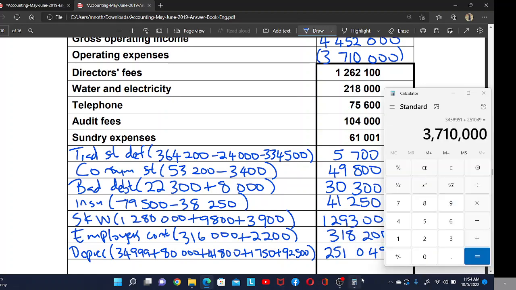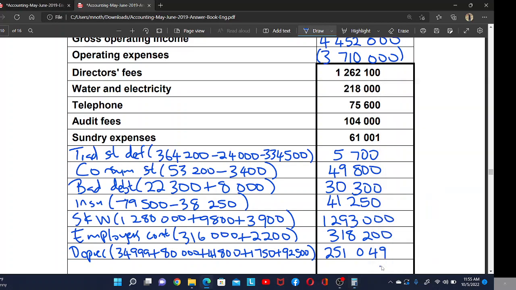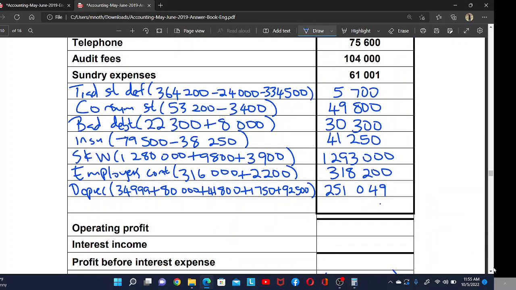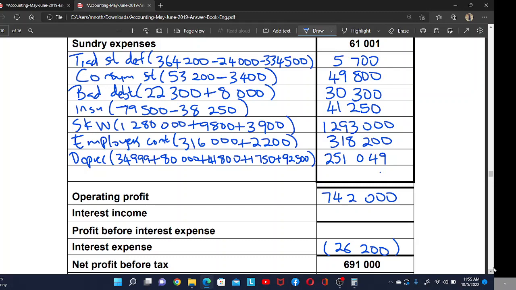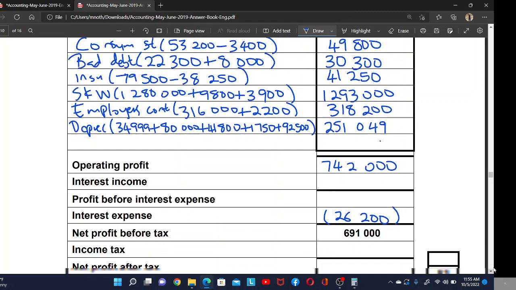Now, to get the operating profit, we're going to say 4,452,000 minus 3,710,000. We're going to get 742,000. So we don't have the figure for the interest income.